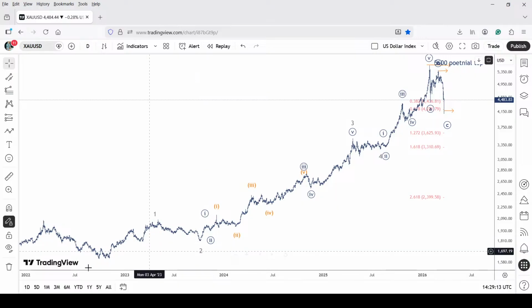And if we start counting waves, we've got a minor degree wave 1, 2, and extended wave 3, triangle wave 4 and wave 5 looks complete.